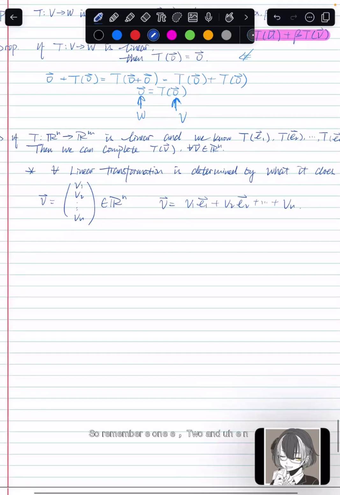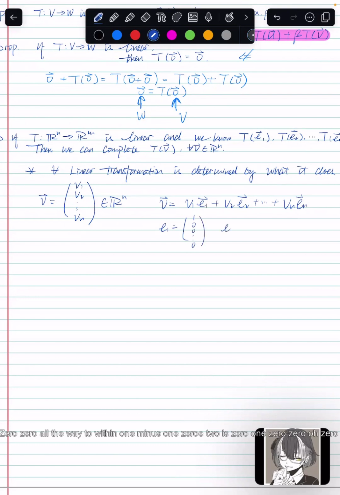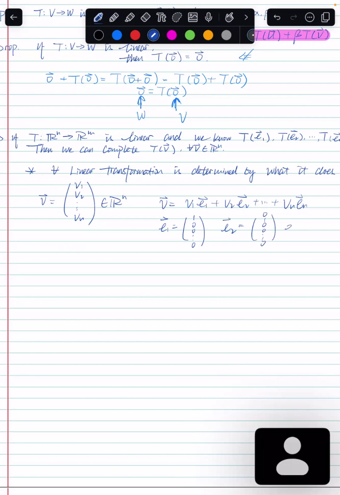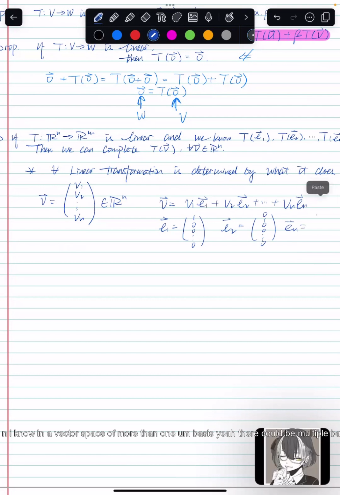So remember e1, e2, through en is the standard basis. So e1 is 1, 0, 0 all the way to n minus 1 zeros. E2 is 0, 1, 0, 0 all the way to 0. And can a vector space have more than one basis?